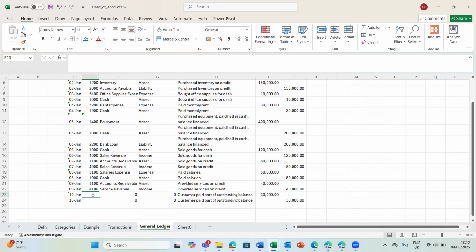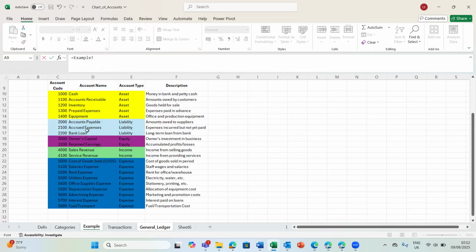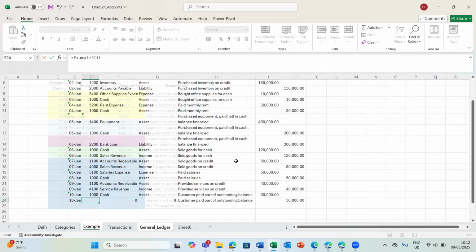So we debit cash. And what do we credit? We are reducing the debtors' figure or the accounts receivable. So in this case, we credit the accounts receivable.